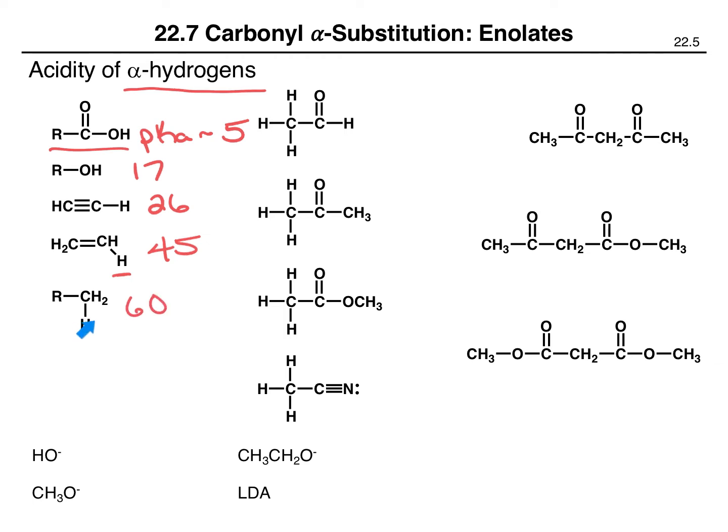So typically, a hydrogen that's connected to an sp3 hybridized carbon is a very, very weak acid with a pKa of about 60. But if we have a hydrogen connected to an sp3 hybridized carbon that happens to be next to a carbonyl, now we're not talking about this situation, we are talking about the alpha position. And the hydrogens that are alpha to a carbonyl have special acidity.